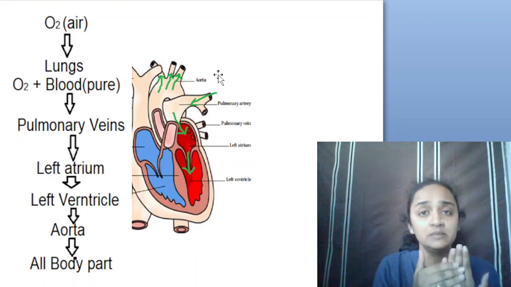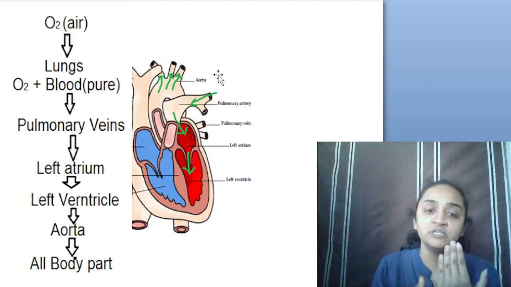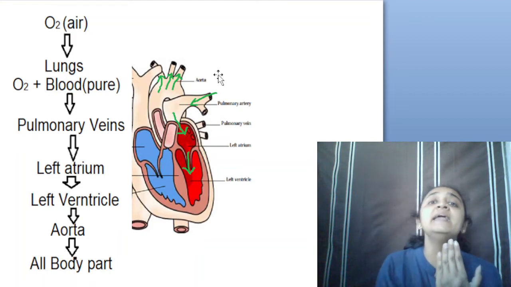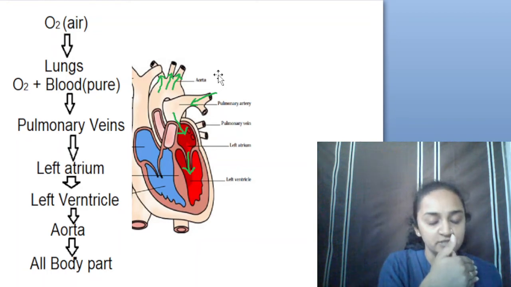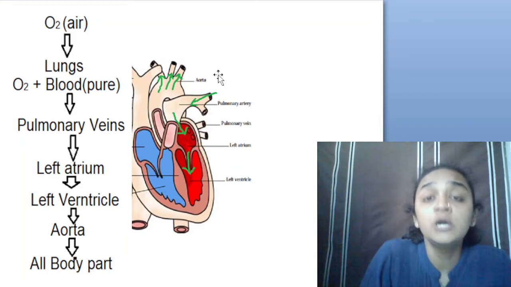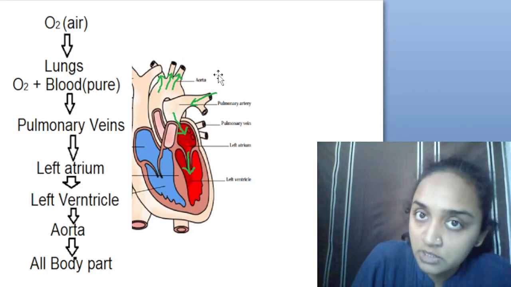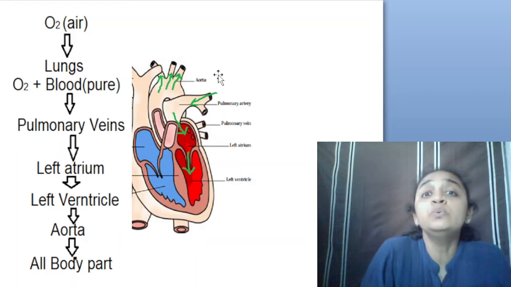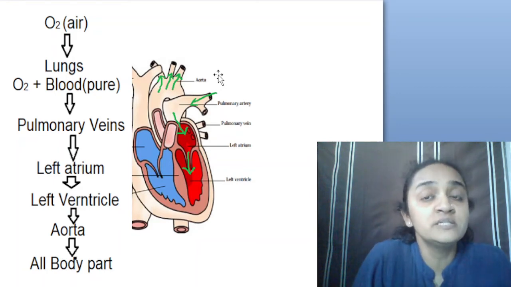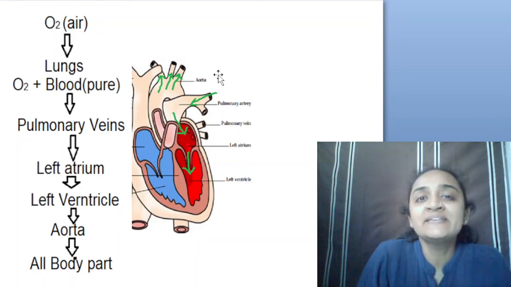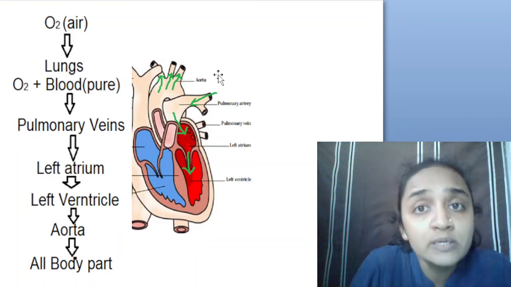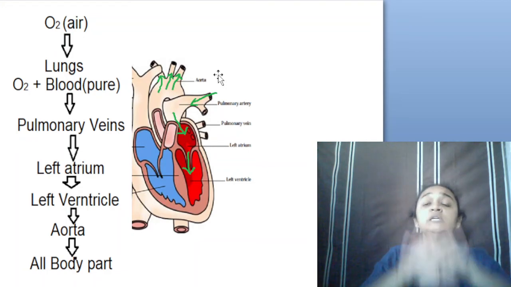The atrium will give that blood to the ventricle. The ventricle will then give blood to each and every body part. Now the heart is giving pure, oxygenated blood to each and every body part through a vessel. The vessel used to give each and every cell pure blood is the aorta. It is the aorta vessel which carries blood to each and every body part.